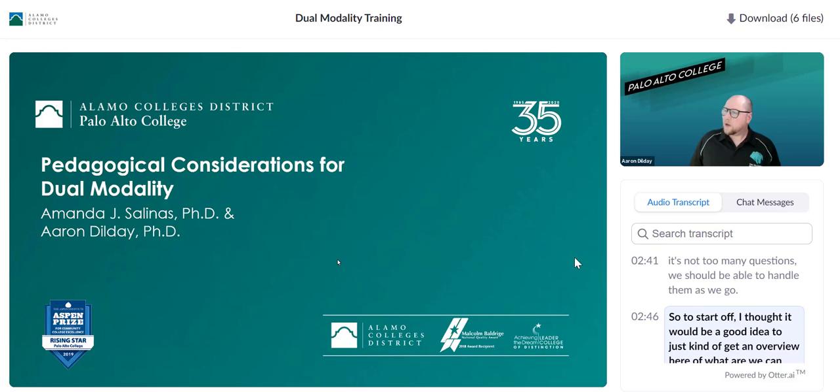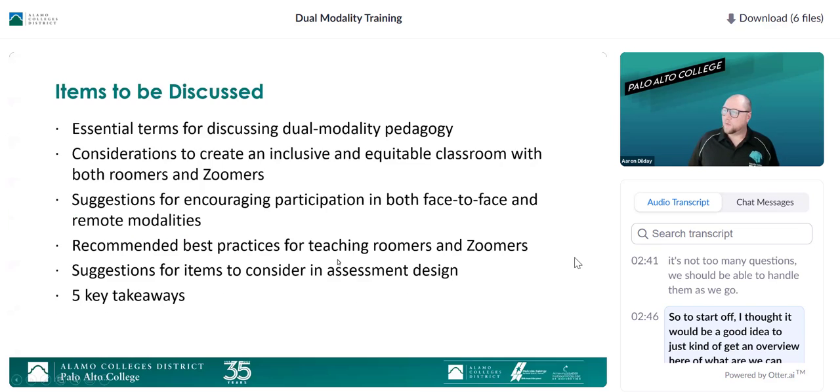So to start off, I thought it would be a good idea to get an overview of what we are going to talk about. There are several points that we're going to go through. First, we're going to talk about the terminology, just so everybody has a level playing field of what we're talking about. We'll talk about considerations for creating inclusive and equitable classrooms. We'll have some suggestions for encouraging participation, which is always a plus, right?